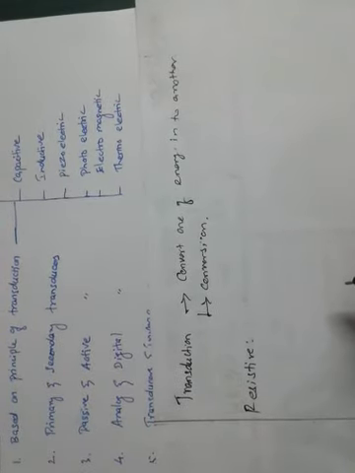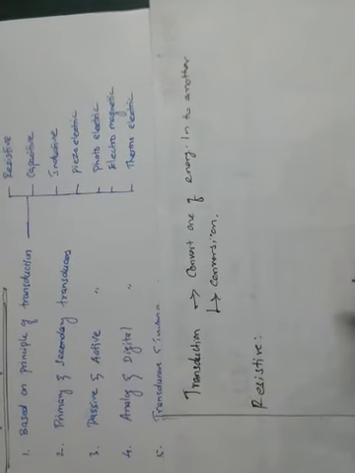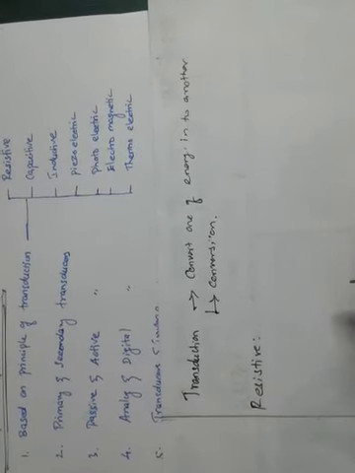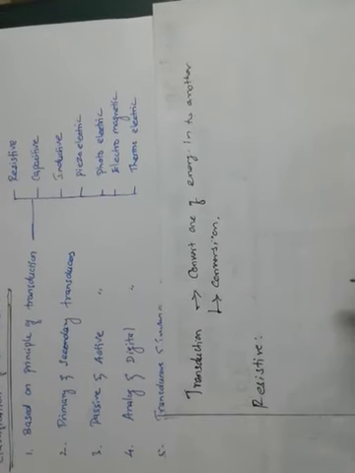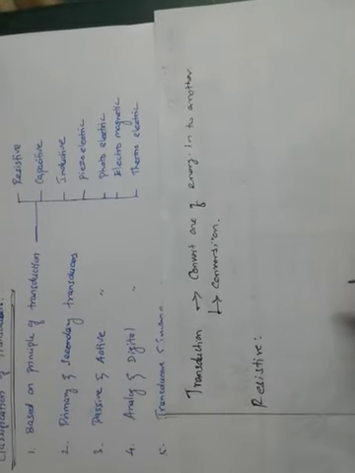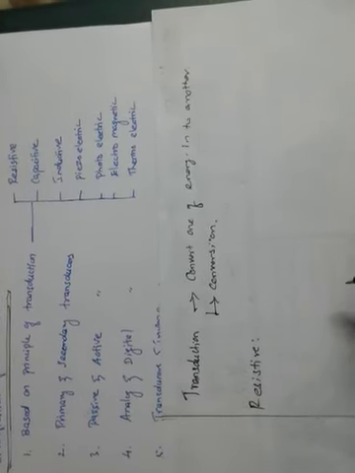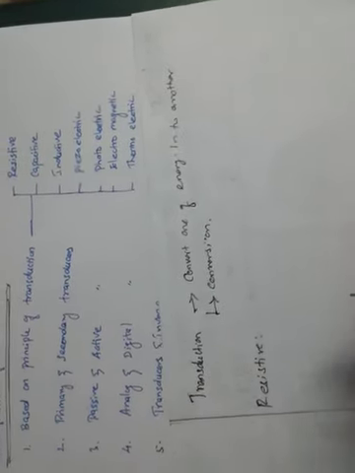How is it possible? The resistivity of the material can be changed, or the length of the conductor can be varied, or the area of the conductor can be varied, and the resistance will vary.